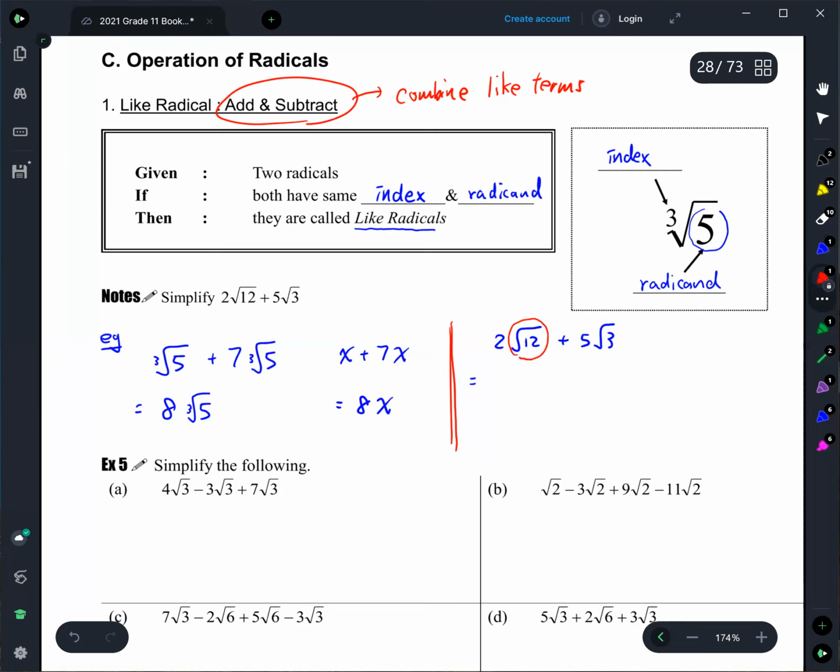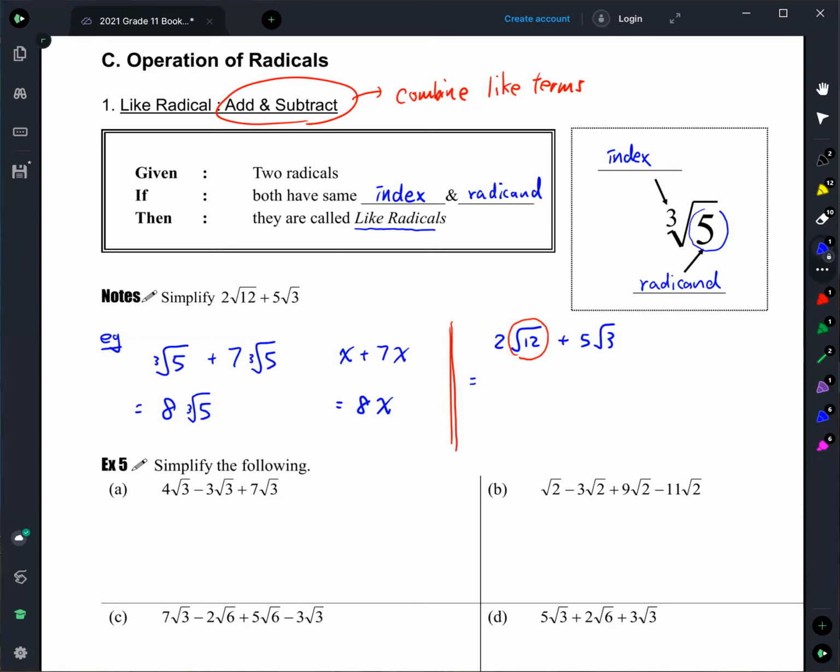For the square root of 12, what's the perfect square I can bring out? Let's think about this. For square root of 12, what's the perfect square I can take out? Angeline? 2. Yes, I can take out the 2, and what will be left inside? 3.